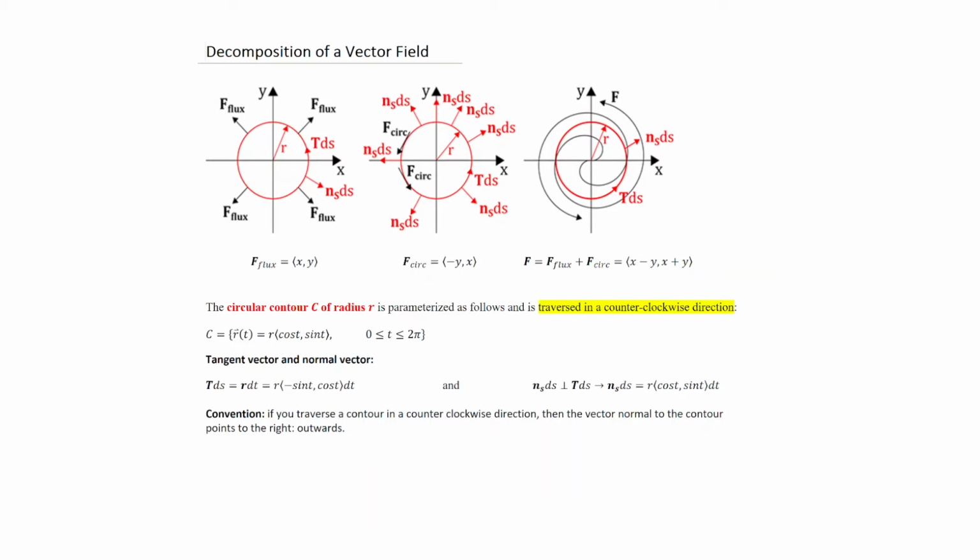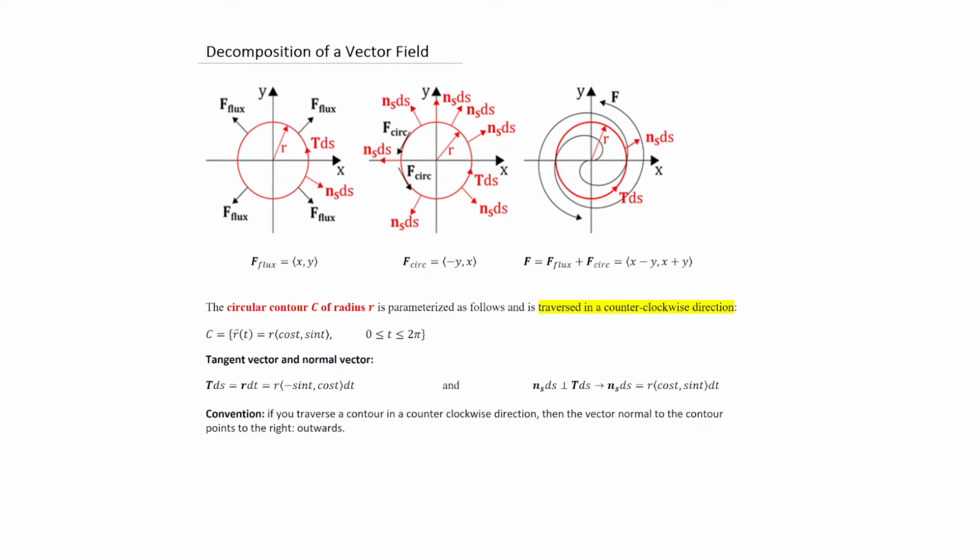Over top of this vector field, I'm putting a contour of radius r for all three cases. And I'm going to be traversing the contour in a counterclockwise direction. And so I can assign a tangent vector that's tangent to the contour, which will be capital T ds. T is a unit tangent vector.